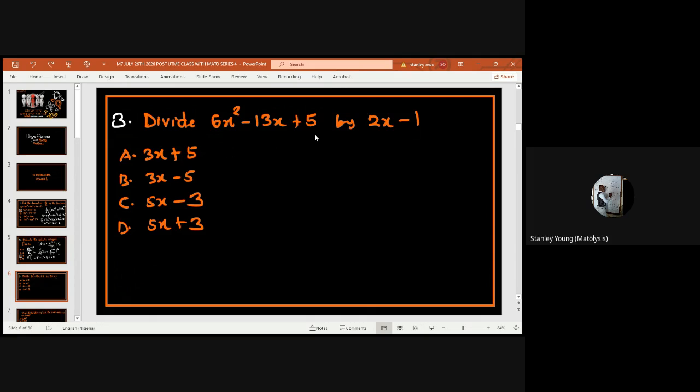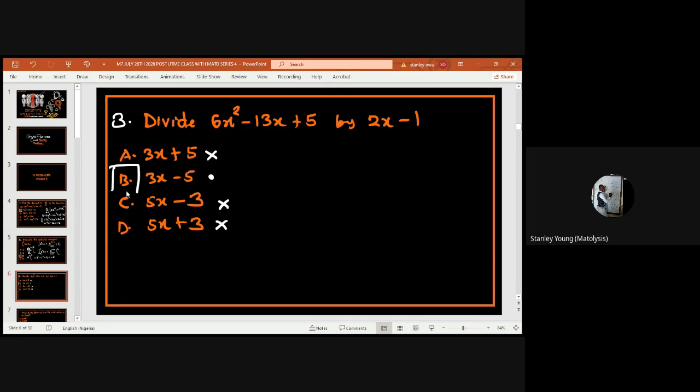But the original is not -5, it's a +5, so I'm taking that out. The options are not smart. So if you do the second one, it aligns. So let's keep that. The third one, there is no way you multiply 5x and 2x and it will give you 6x squared. That's out. B is also out. The only option left there is what?